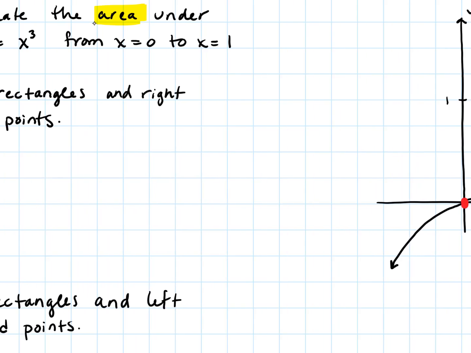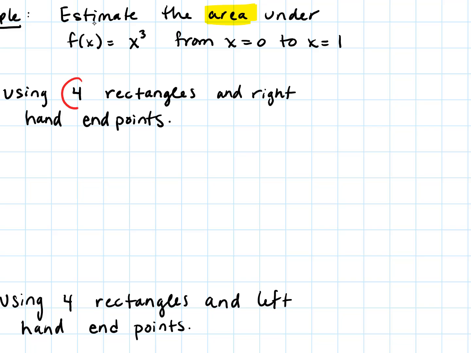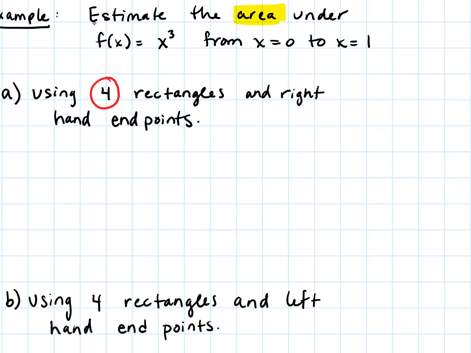Now, we are told to estimate it using 4 rectangles. So we're going to start by using 4 rectangles and this idea of right-hand endpoints. What that means is that I have an interval from 0 to 1, and I'm going to divide it up into fourths.